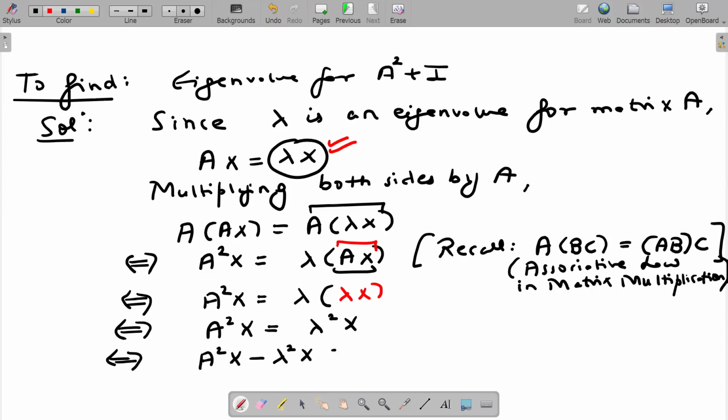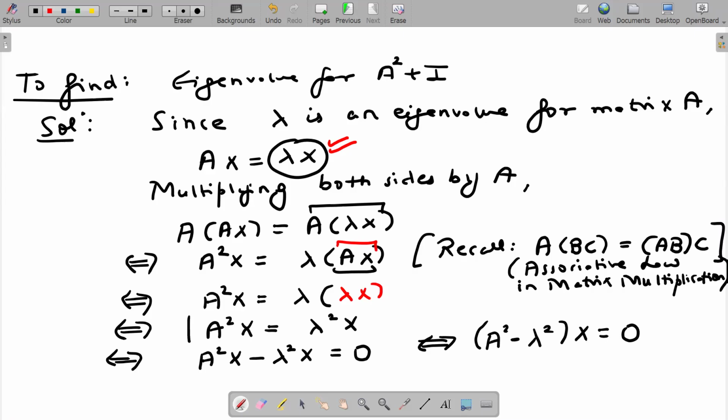minus lambda square X is equal to 0, which implies I can take X common, so it makes it A square minus lambda square times X equal to 0.